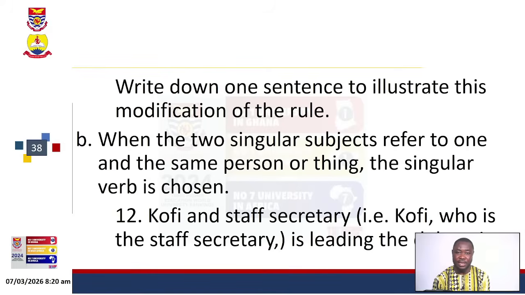Here we are saying Kofi, who is our staff secretary, is leading the delegation. So Kofi is the staff secretary, and the staff secretary is Kofi. There's an instance where the two singular subjects refer to one and the same thing. When that happens, a singular verb must agree with this kind of subject.